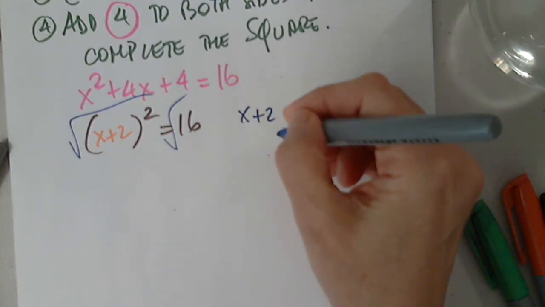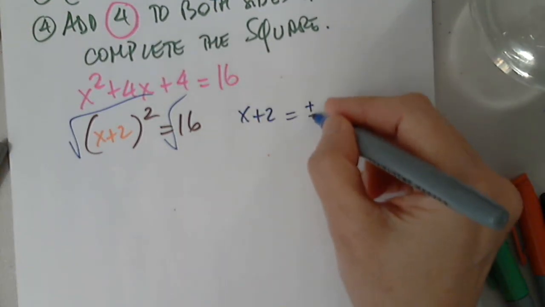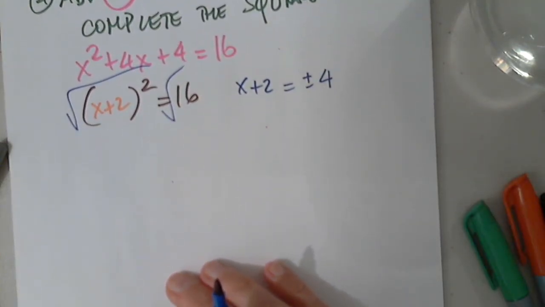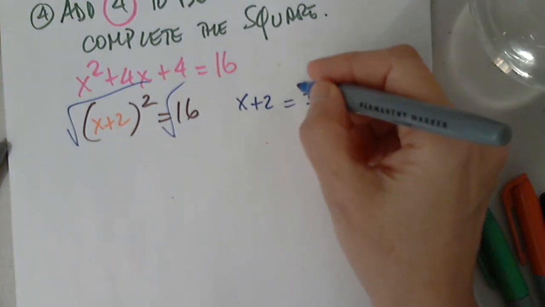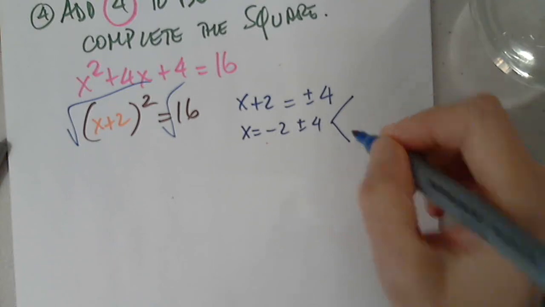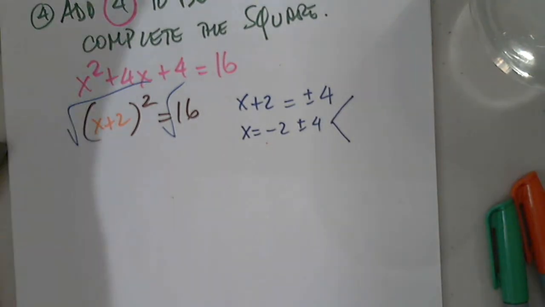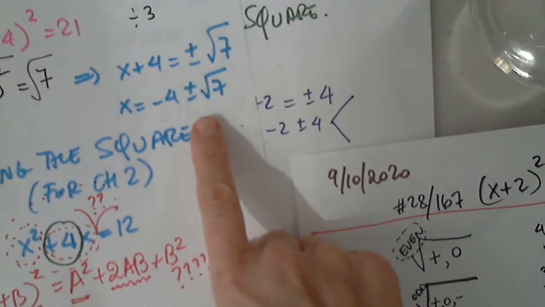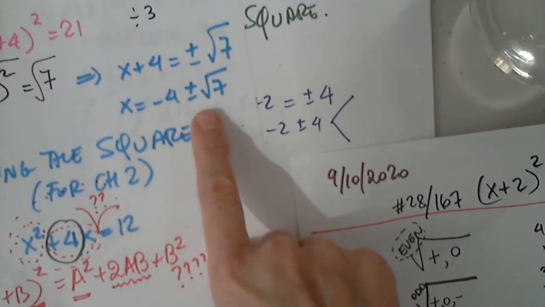I should put the absolute value. Instead, I write plus or minus 4. Of course, I expect two solutions because it's quadratic. I will move 2 like before, but now I have to separate them. In the previous example, there was no point in separating them. I can simplify.